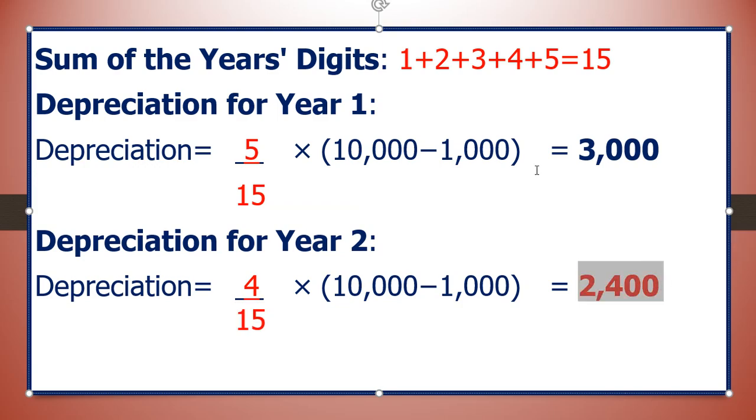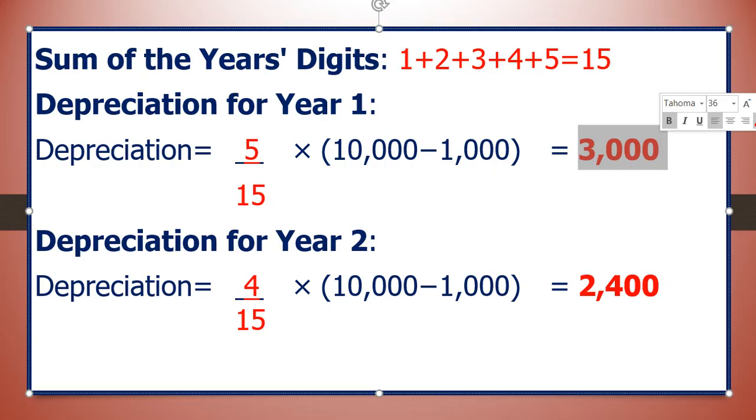Because this method depreciates the asset most when it is new. The newer it is, the bigger the depreciation. So it charges higher depreciation for assets that are still new or that still have a large figure of useful life.